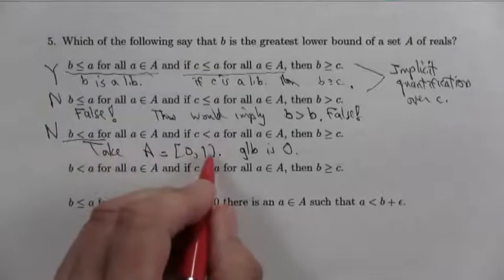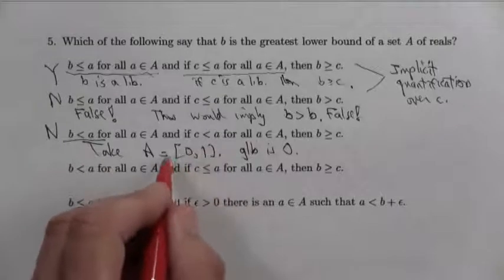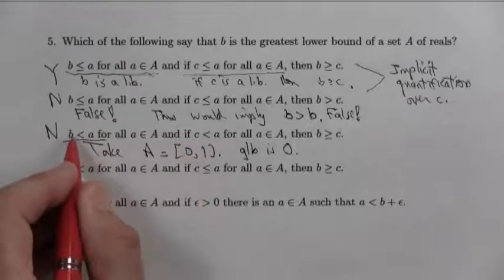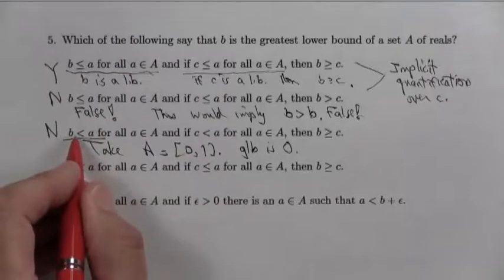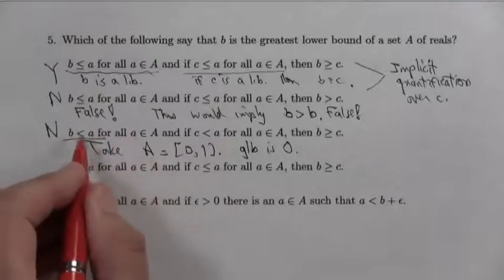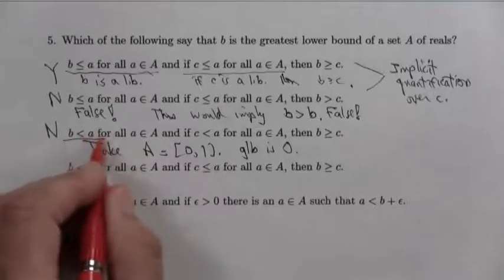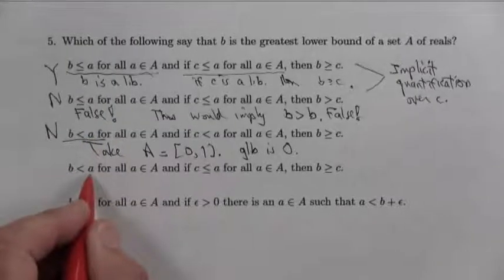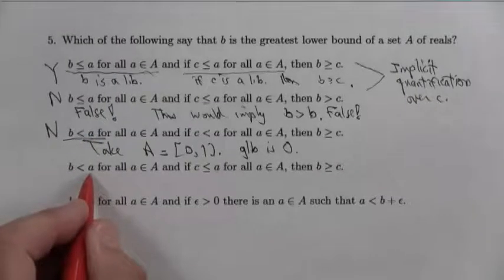I mean, I took this one in particular just to have something specific, but any set with a minimal element will be a counterexample. Because if there's a minimal element, that minimal element will be the greatest lower bound, and it's not strictly less than everything in there. So we can't capture greatest lower bounds if we include strict less than. Same here. Okay. Same here.